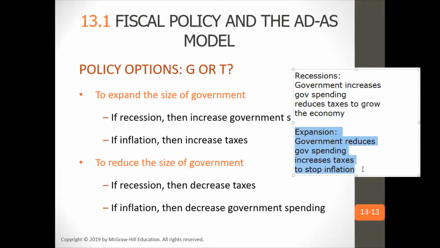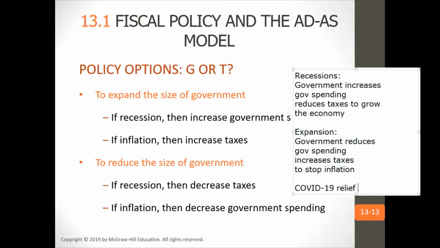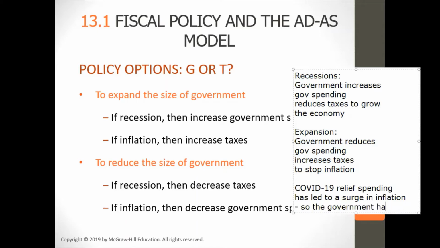They're doing some of those policies to reduce inflation because the COVID-19 relief spending has led to a surge in inflation. So the government has to reduce inflation because prices are increasing too much.